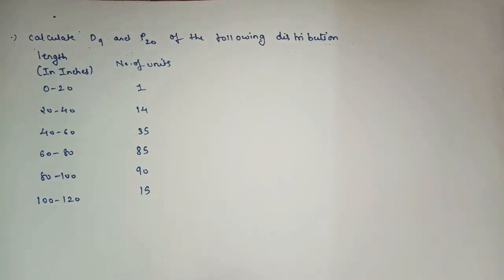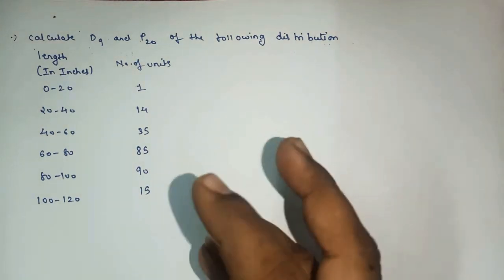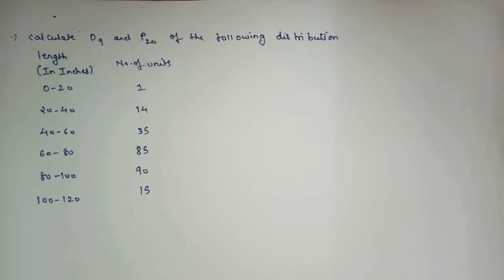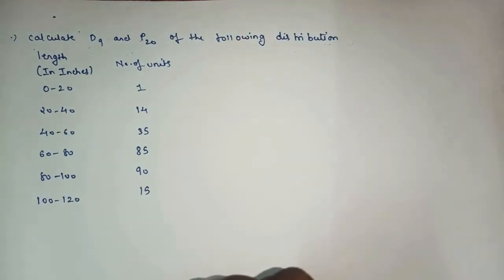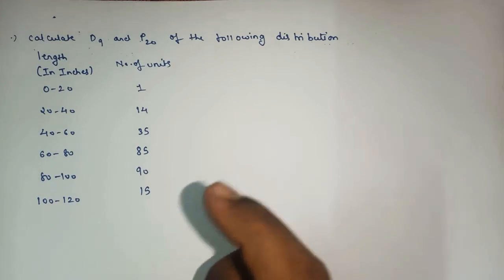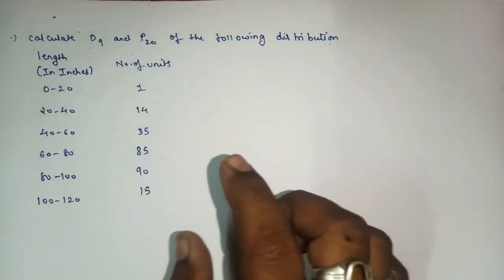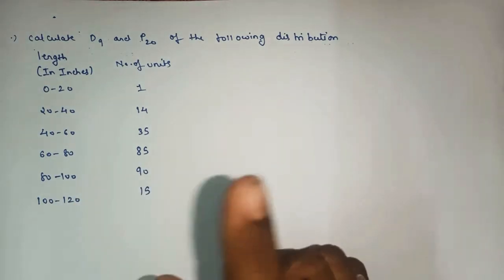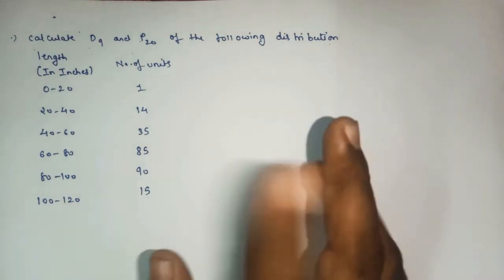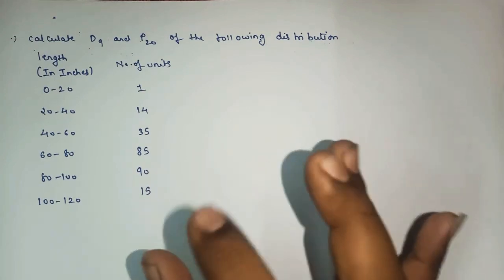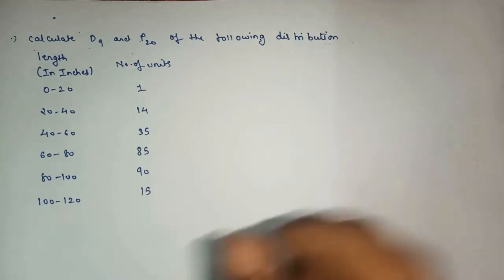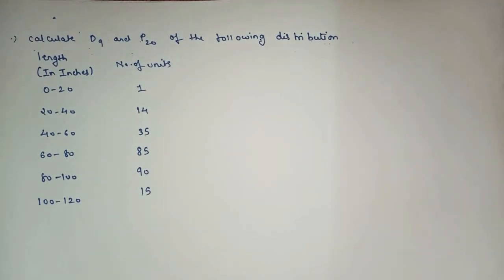We have only three quartiles: q1, q2, q3. And deciles, as I told in the last lecture also, start from d1 to d9 only. We never use the d10 formula, as I explained everything about deciles and percentiles in the last video lecture.